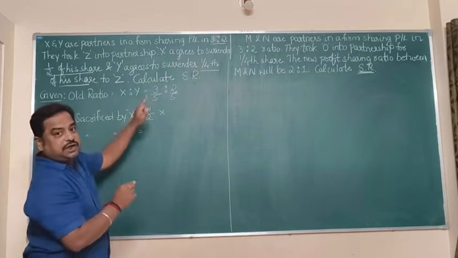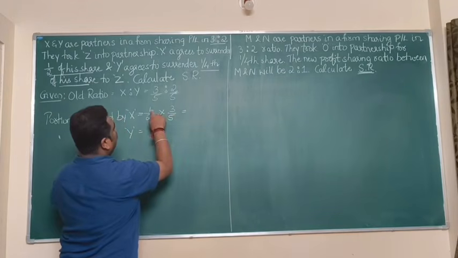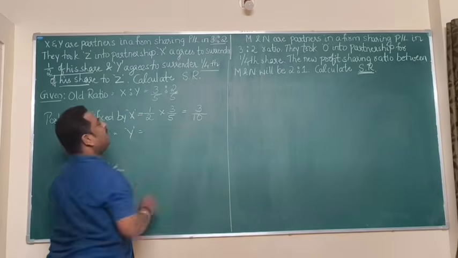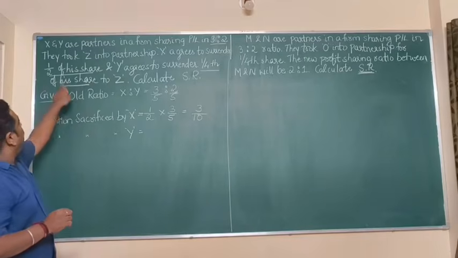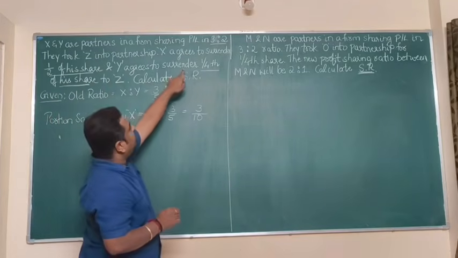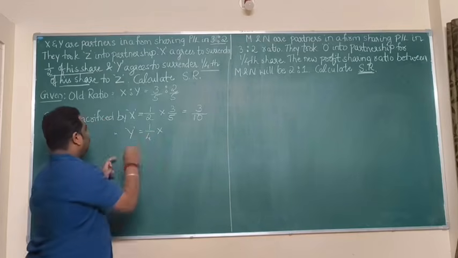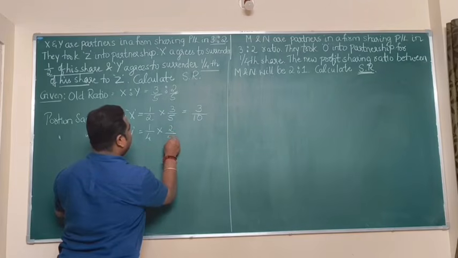What is X's share? 3/5. 1/2 into 3/5. 1 3s are 3, 2 5s are 10. So it is 3/10. Similarly, portion sacrificed by Y, how much is Y surrendering? 1/4. So 1/4 into his share. And what is Y's share? It is 2/5.